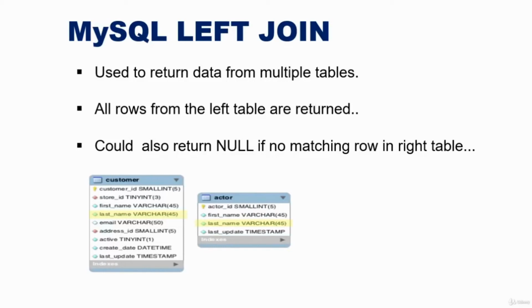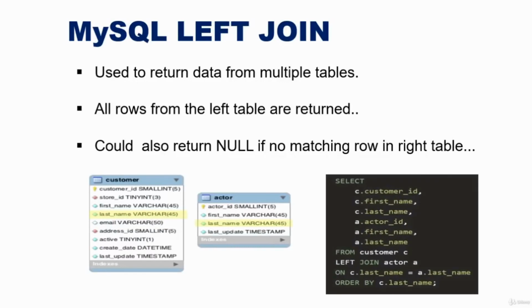To achieve that, we'll need to write a query like this. So we'll do select using aliases here. So we've got c.customer_id, c.first_name, c.last_name, a.actor_id. The C there stands for customer, and the A is an alias for actor.